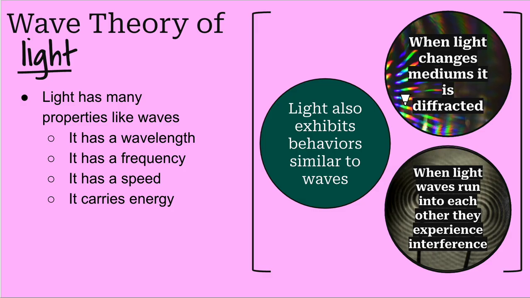And different wavelengths of light are diffracted different amounts, which is why passing light through a prism can yield us a rainbow. Also, when waves run into each other, they experience interference. We looked at patterns of interference in laser light in our lab. So when the waves are interacting with themselves, then they exhibit some wave-like behavior. But it's not fully acting like a wave.